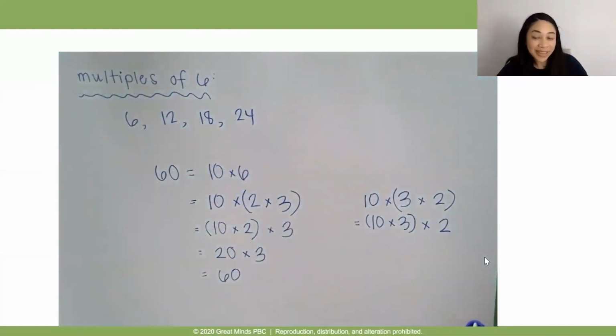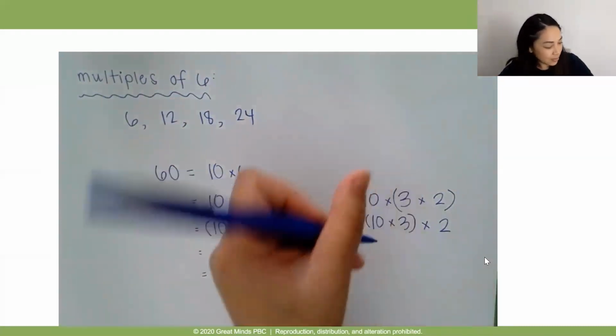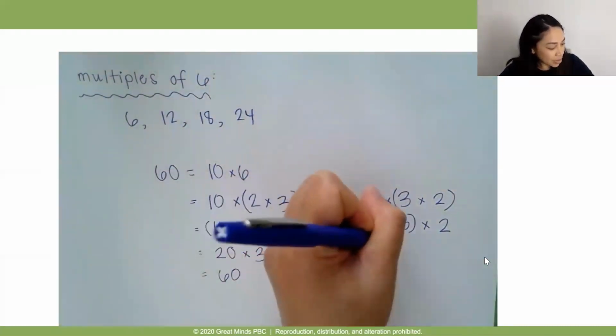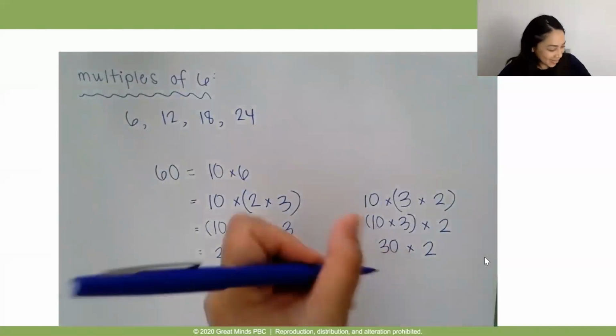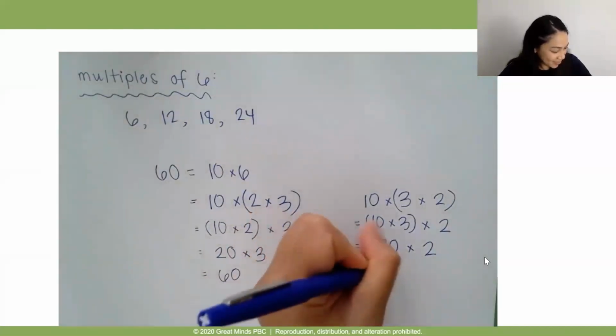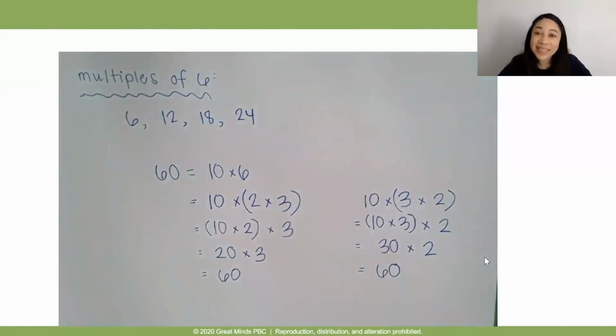Ten times 3 is 30. So our equation is 30 times 2, and that equals 60. 60 is a multiple of 2 as well.